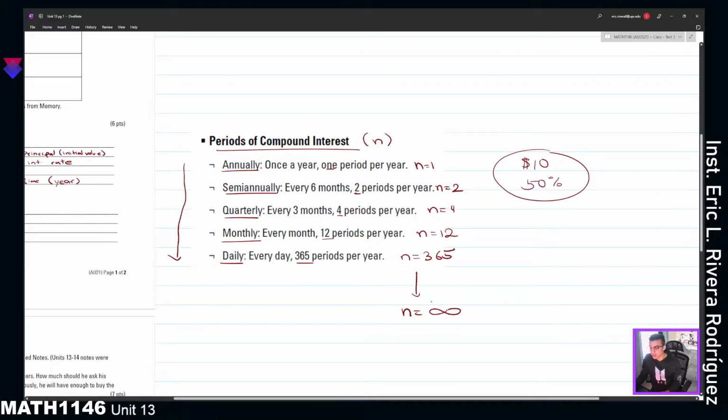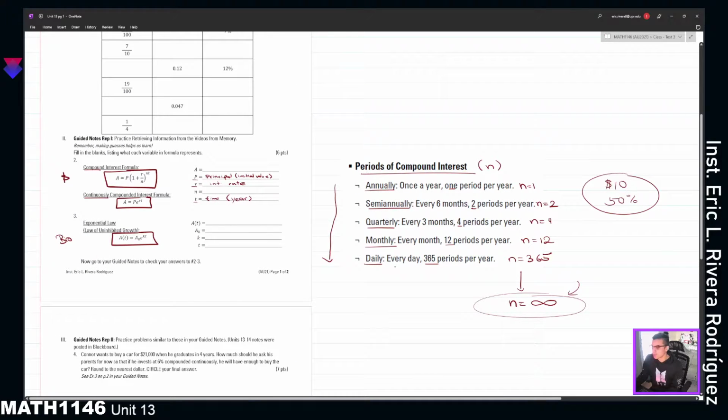But there is a way to calculate the interest an infinite amount of times. Practically this maybe doesn't make too much sense, but the mathematical properties allow us to calculate the interest an infinite number of times. The thing is that it doesn't make much difference between calculating the interest for n equal to 365 and for n equal to positive infinity.